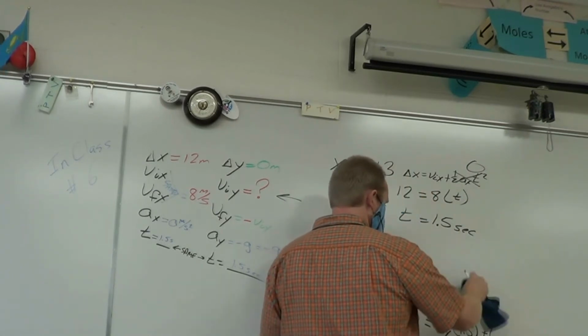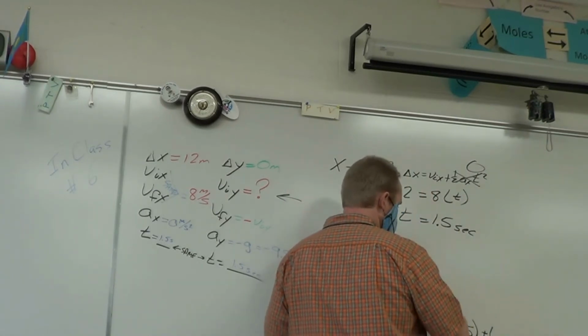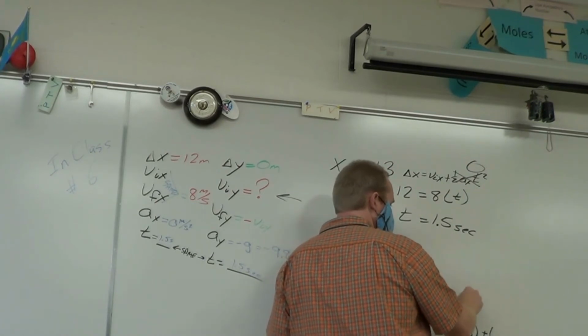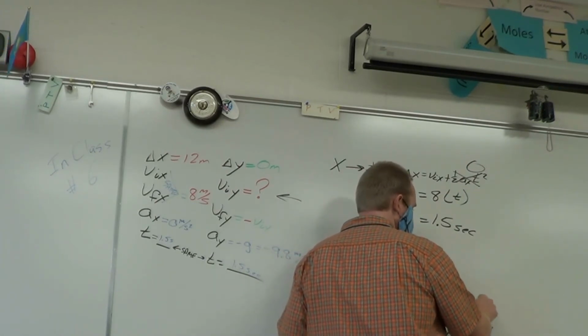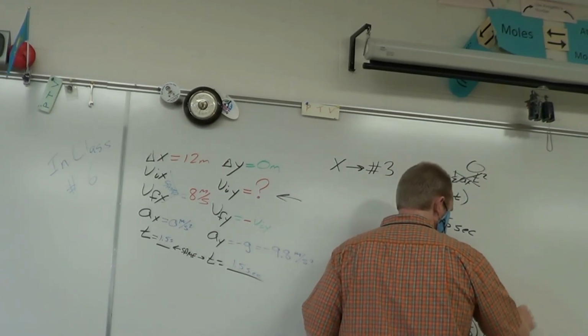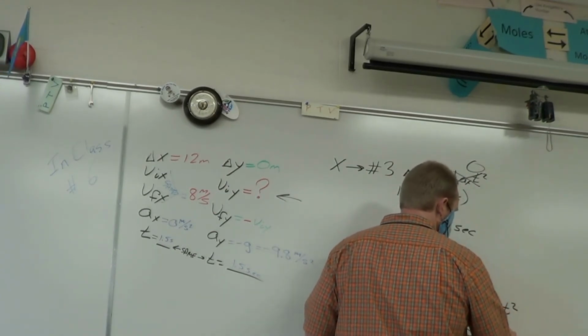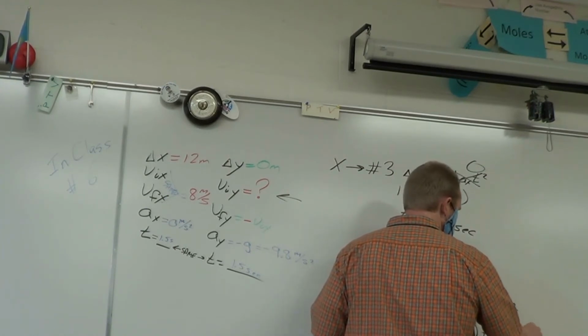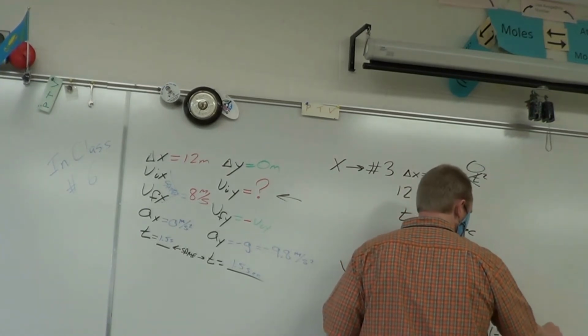Let me fix this. My original equation should be delta y is equal to VIY times t, that's what I had, plus 1/2, I forgot my 1/2, AT squared. So that's going to be 1/2 times negative 9.8 times 1.5 squared.